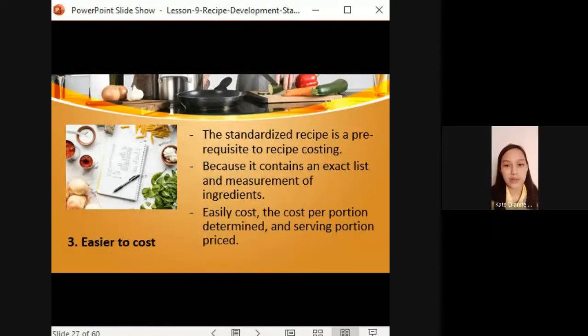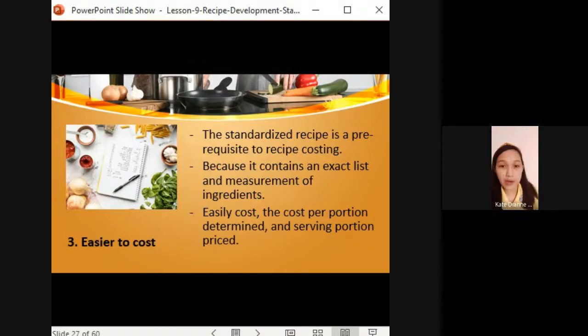Okay, very good, Remelin. So, nabanggit na niya. Babasahin ko. The standardized recipe is a prerequisite to recipe costing because it contains an exact list and measurement of ingredients. So, it is easy to cost, the cost per portion determined, and the serving portion price.